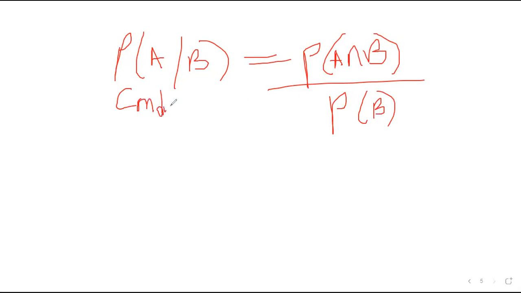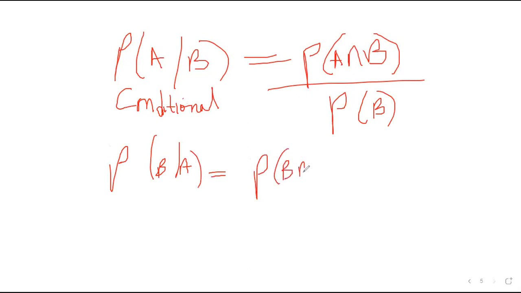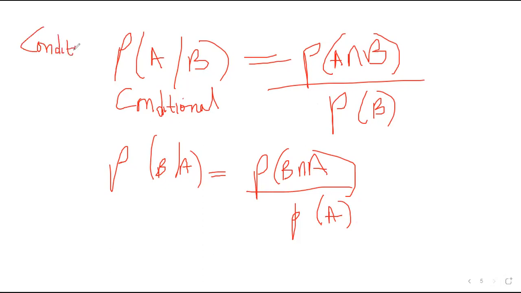Then the probability of B given A is the probability of B intersection A over the probability of A.